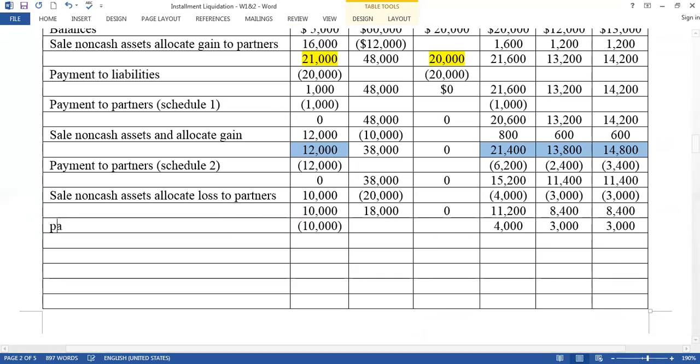So payment to partners. Schedule 3. What is the balance? 0. We have 18,000. So when we make payment, their capital is going to decrease because we pay them.